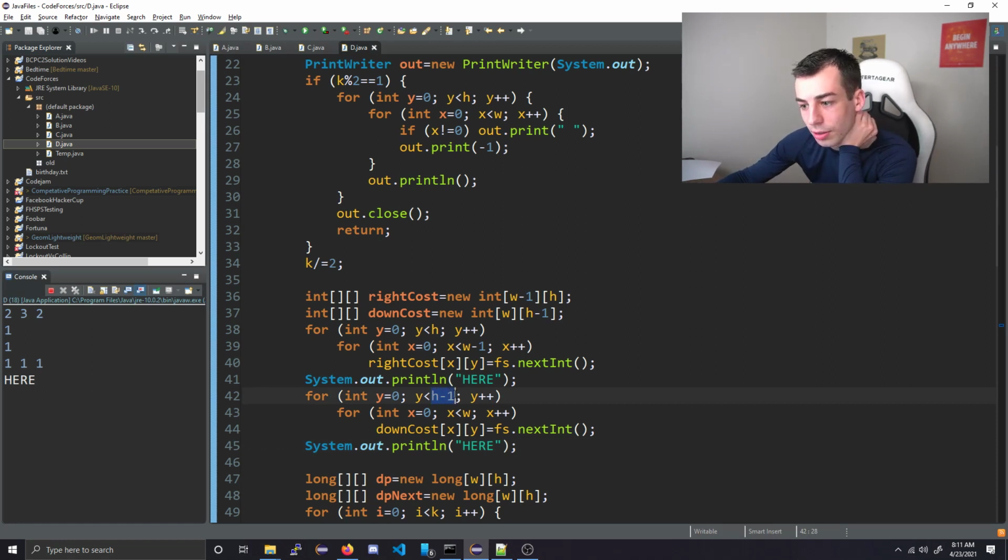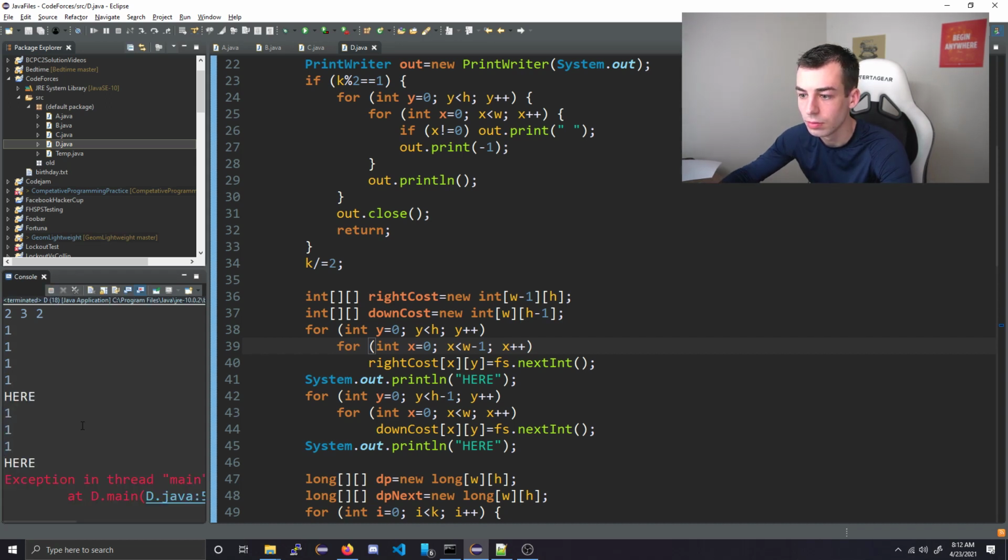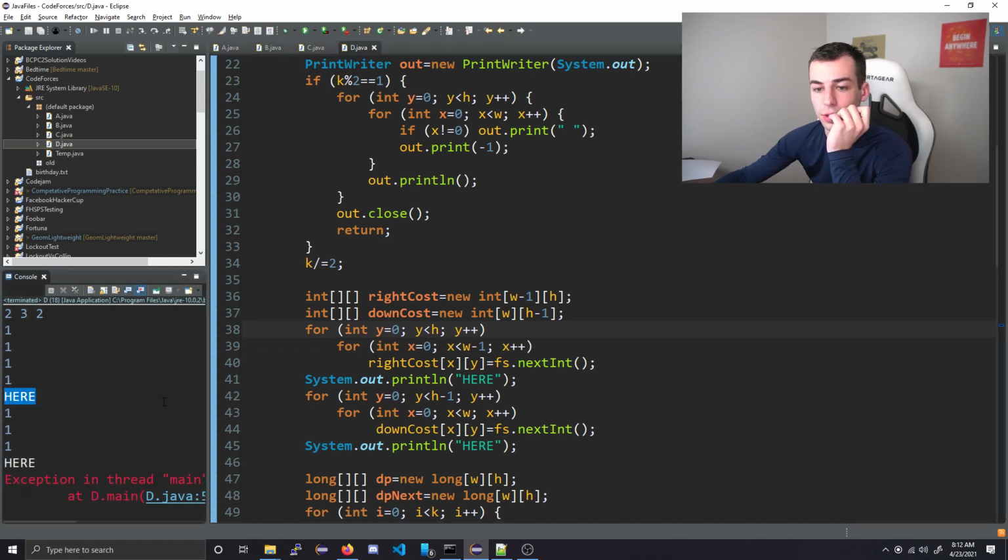Height minus 1, width minus 1. So why did this take 4 things to read in?